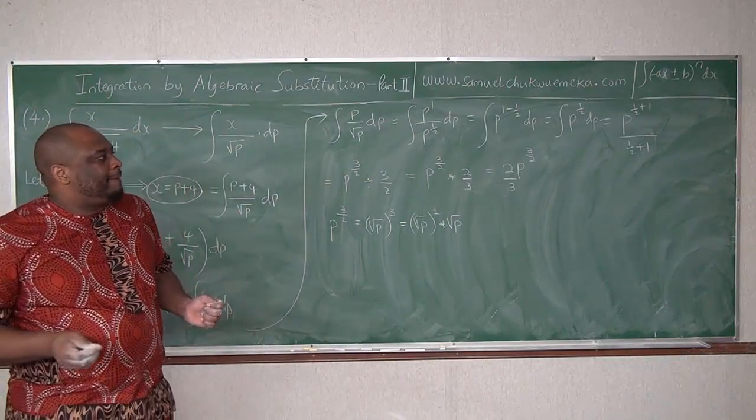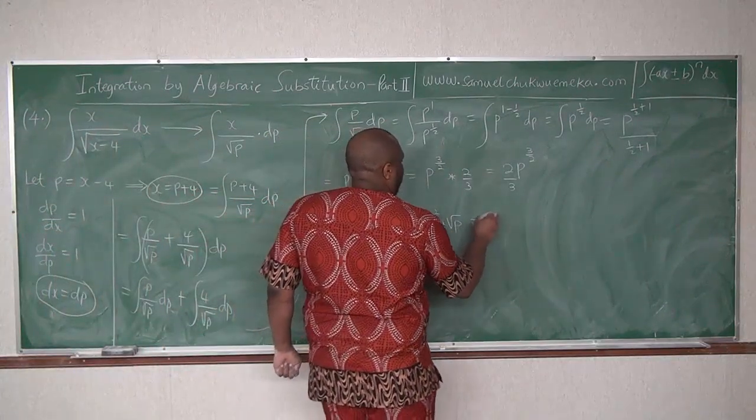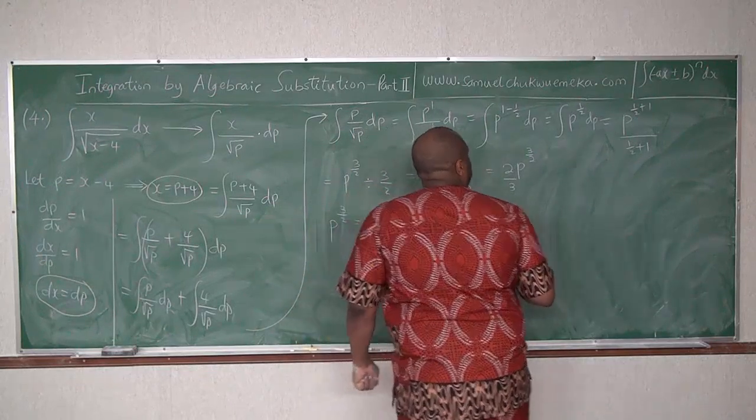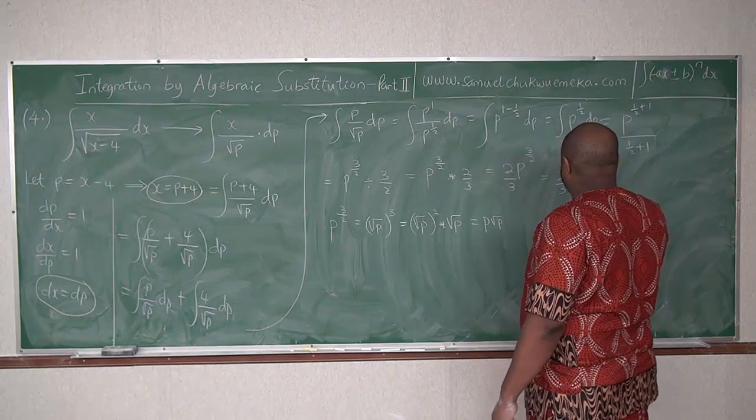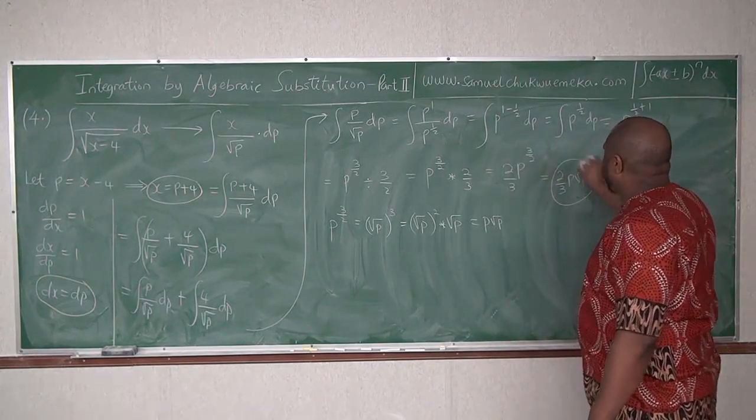So this will be root p root p, and this is 2 over 3 p root p. I'll keep this first.